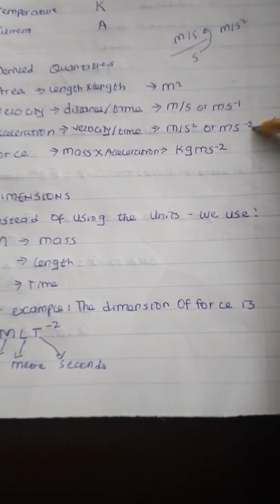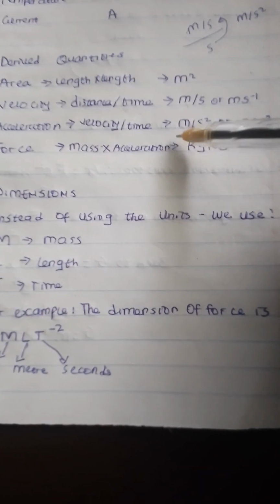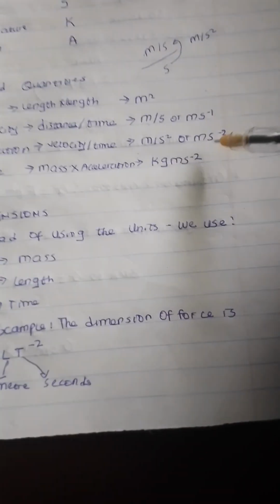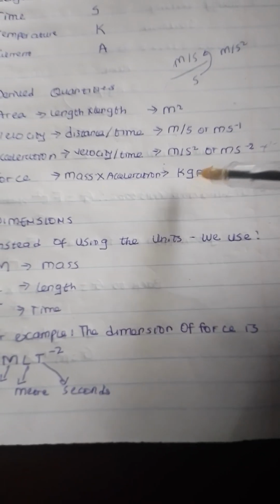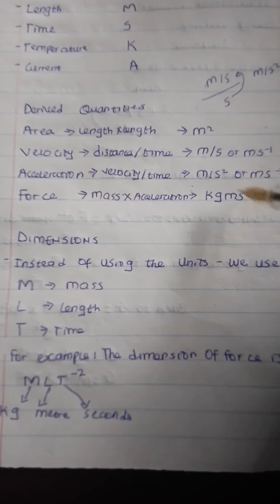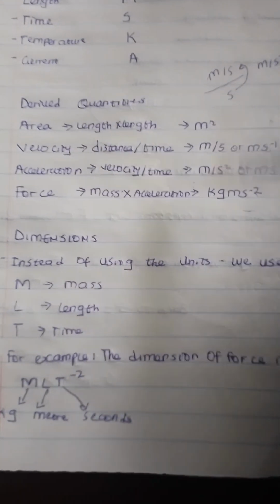Force is mass times acceleration due to gravity. What is mass? Remember, mass is kg. What is acceleration? Meter per second square. So once you multiply this one by kg, it will give you what? Kg meter per second square. So the unit of force is kg meter per second square. That is how we get units.